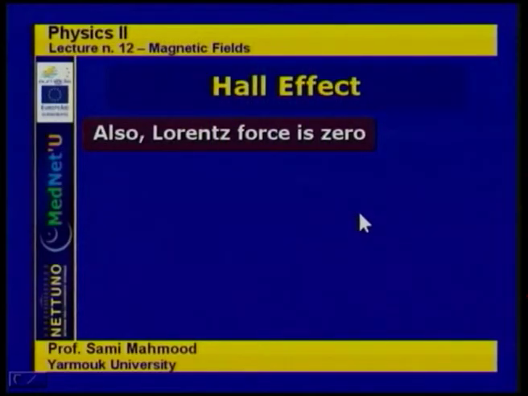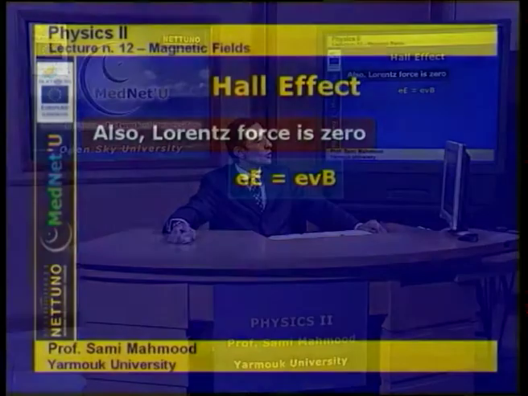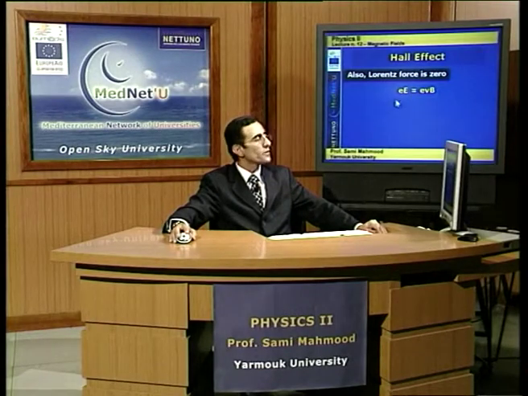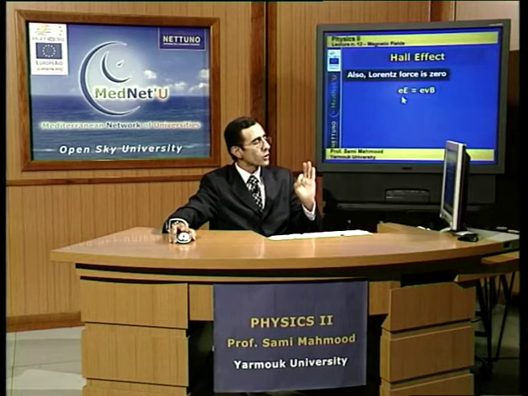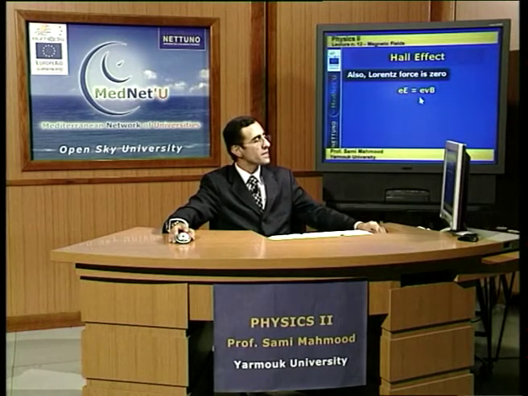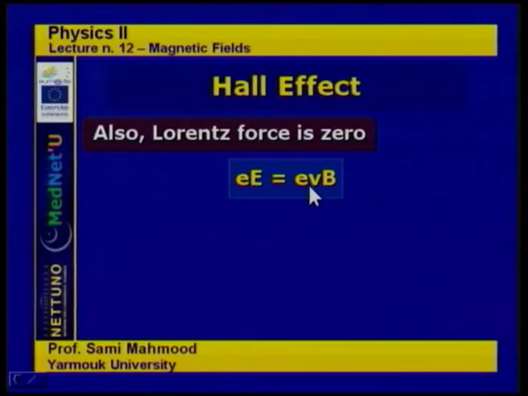That means the electric force due to the Hall voltage and the magnetic force acting on the electron as it moves in the strip are equal and opposite in direction, of course. So we have an equilibrium situation and the current keeps going without any more drifting. So the electronic charge times the electric field set up by this drifting phenomenon, in equilibrium, should be equal to the magnetic force affecting the electrons as they move in the strip, e times v times B.